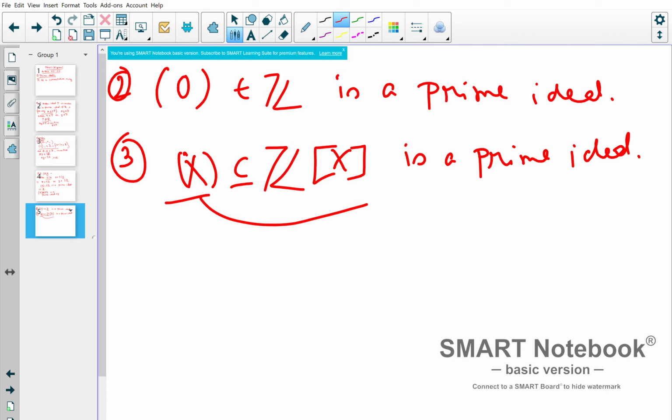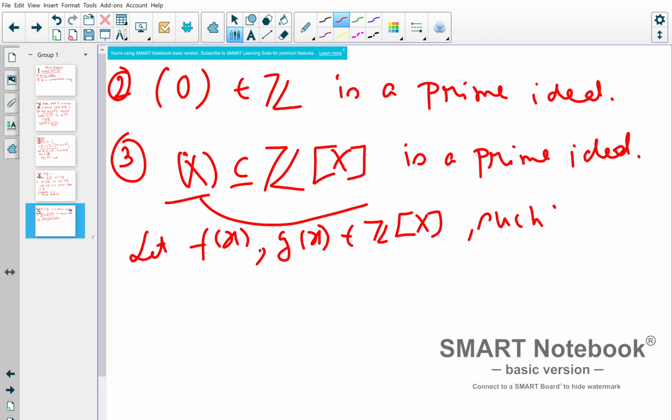Okay, so if you choose two elements inside this, so let f(x) and g(x) belong to Z[x] such that the product f(x) g(x) is inside this ideal generated by x.